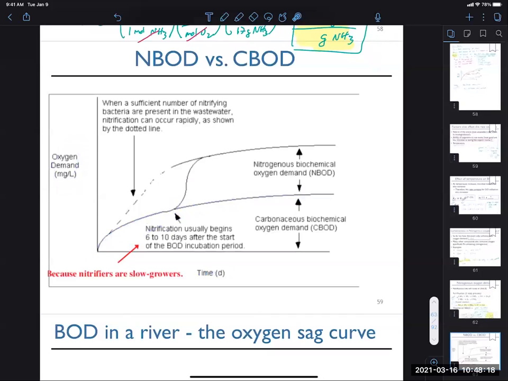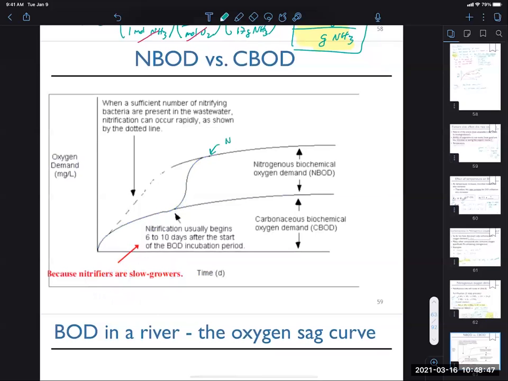And part of this is because what we'll call nitrifiers, those organisms that convert ammonia to nitrate, tend to be slow. They don't grow super quickly. And so it takes some time for them to really catch up and start growing. And at that point, the oxygen demand will increase as the nitrifiers start growing.